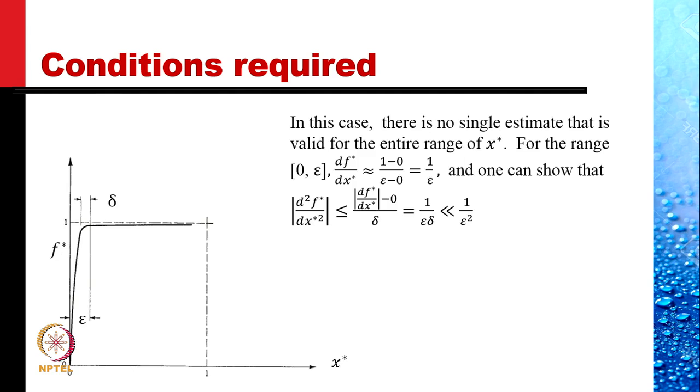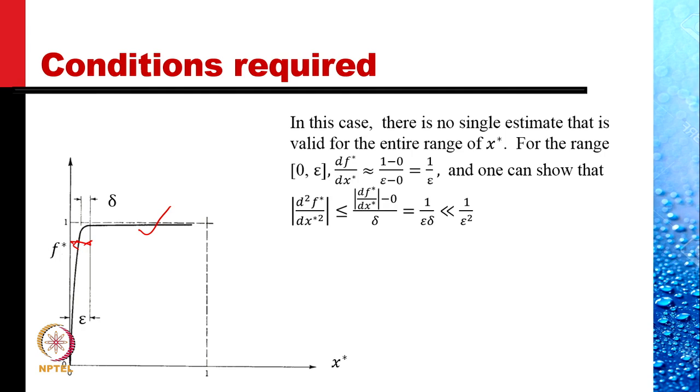F star, x star plot could be like this. And if this is the case, there is no single estimate that is valid for the entire range of x star. For the range 0 to epsilon, df star by dx star is like 1 over epsilon.